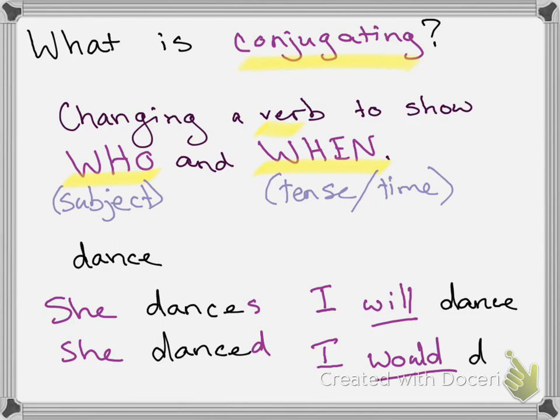That is a different type of conjugation, okay? Or I am dancing. There are all of these ways that we change verbs to show who is doing them and when they are doing them, okay? So that is what conjugating is. So what does that look like with a verb in Spanish? So let's take a look.